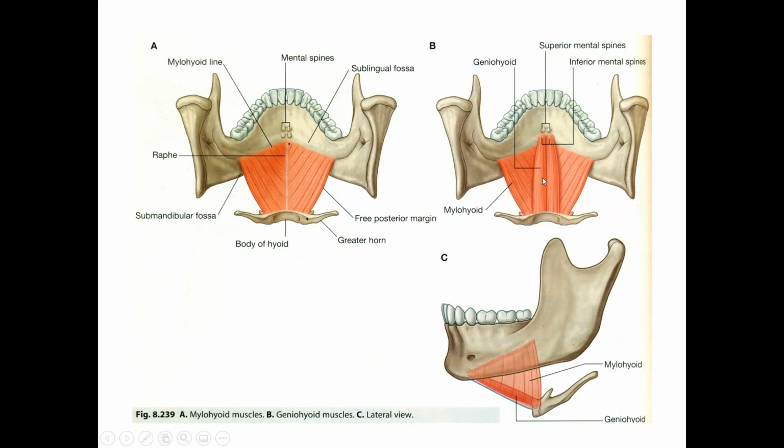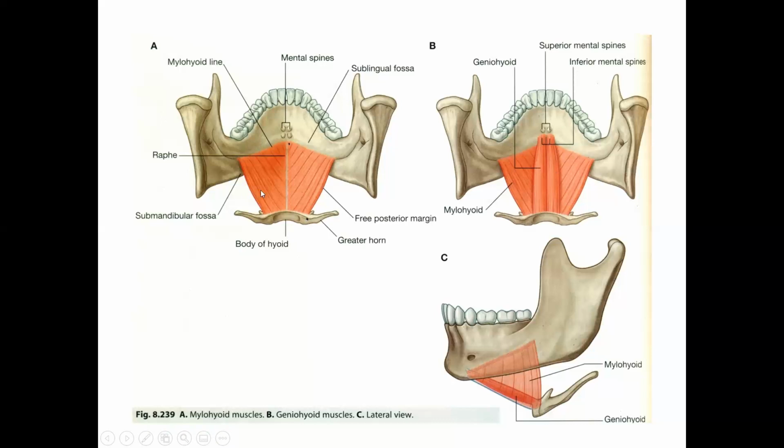The geniohyoid muscle is supplied by the nerve to the geniohyoid, which is coming from the cervical plexus from C1. The function of the geniohyoid muscle is again the same. It supports the oral cavity, as well as fixes the hyoid bone and depresses the mandible to open the mouth.